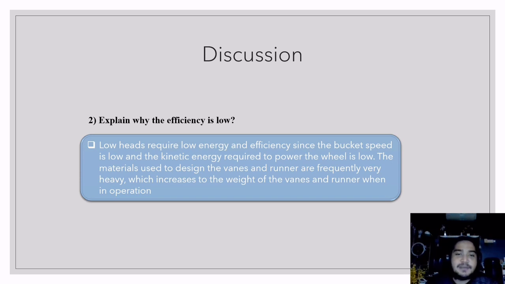The bucket shape is used to scoop the water, transferring the kinetic energy from the water and causing it to exit slowly. Thus, if the turbine spins super fast, it will not catch the water, and the kinetic energy will not be transferred properly to the Pelton wheel turbine.